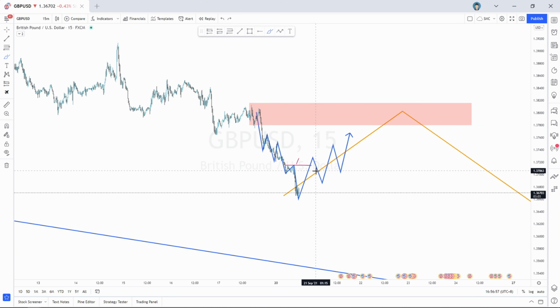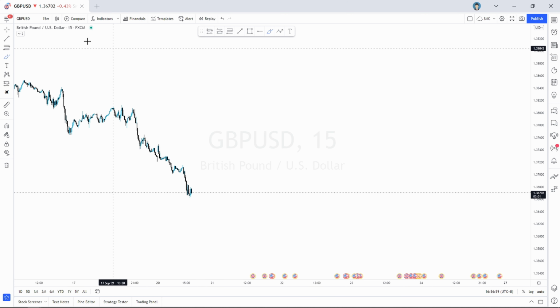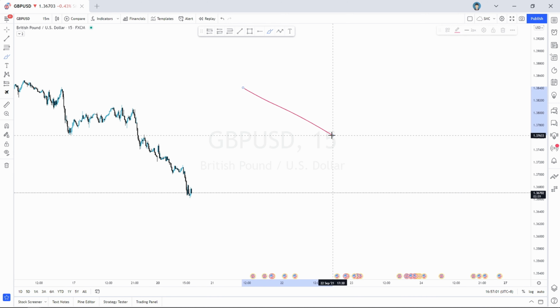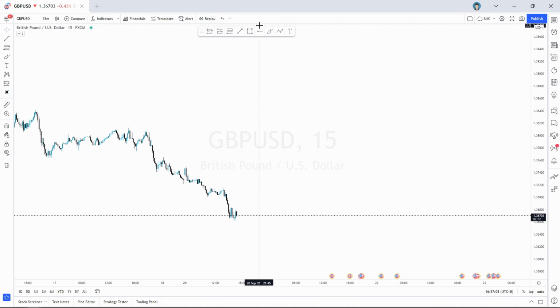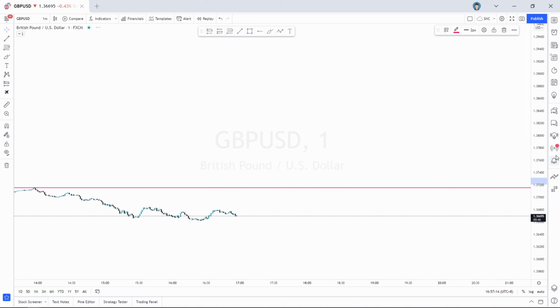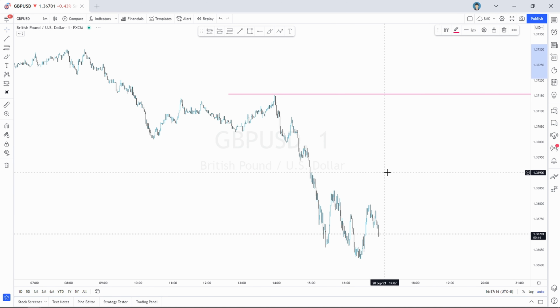So yeah, that's basically how I view structure. At the same time, right now we're expecting retracement on the 4-hour. Then we're waiting for the 15-minute break from this lower high right here.